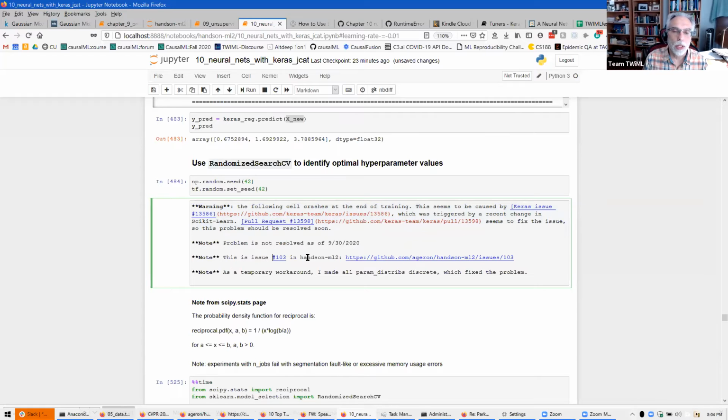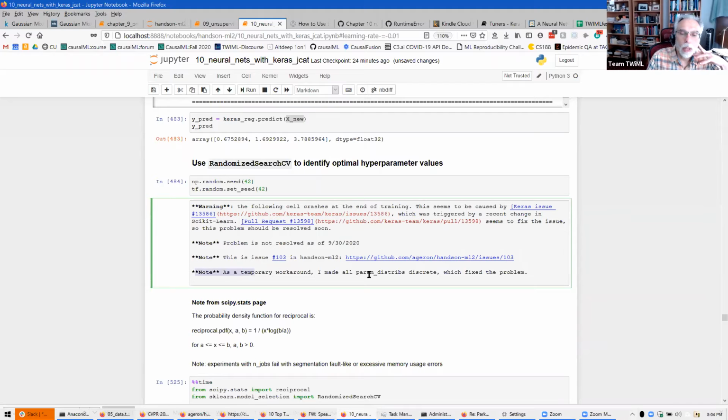This issue is also on the Hands-On ML 2 GitHub site. Somebody pointed to it, which caused Aurélien to go look it up, and he realized it's not his fault. It's really Keras, the Keras team. It's on them to fix it. So this issue was closed in his GitHub, and he's waiting on them to fix it.